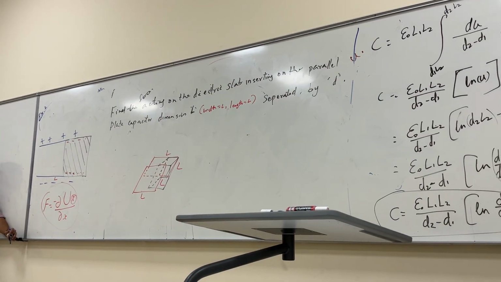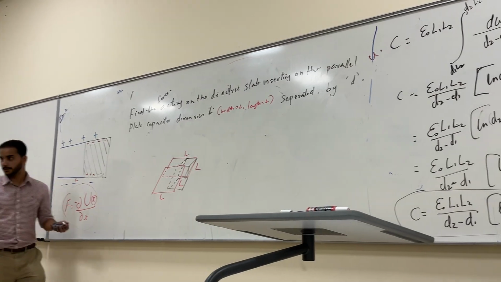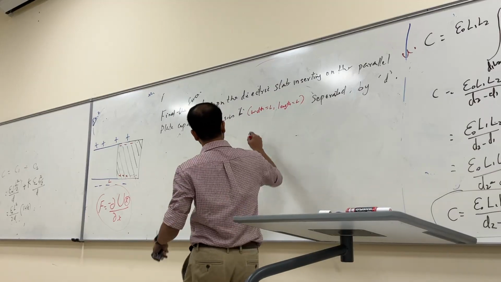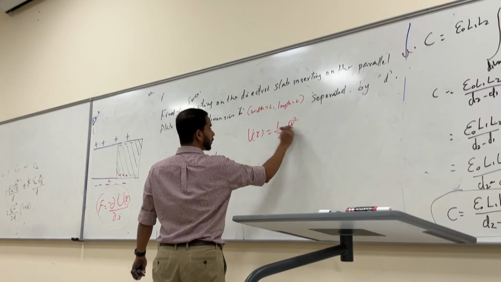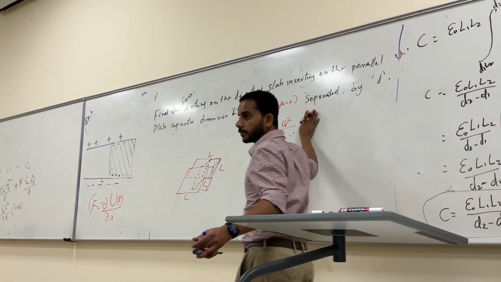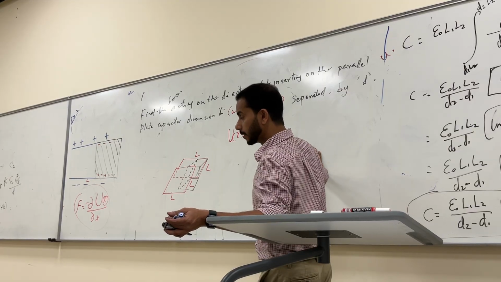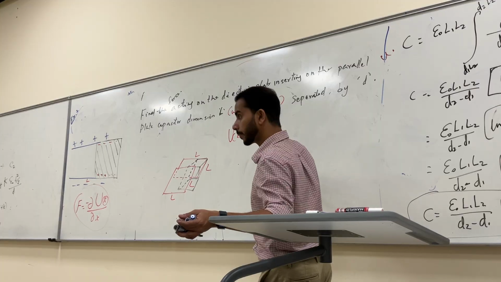So how do you find the force? When you have a capacitor, what is the equation for the energy? Half CV squared in terms of potential, but in terms of charge, U of x is equal to half Q squared over C. So you first find the capacitance, then use U of x with that capacitance.